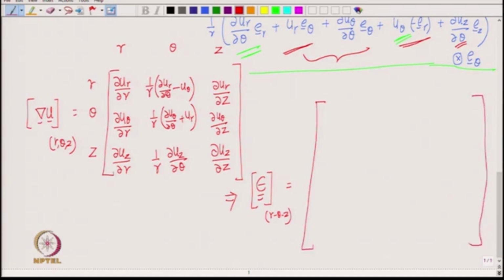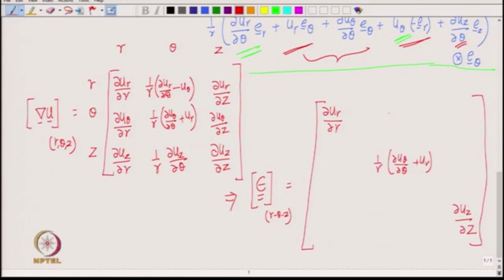So, on the diagonal we will have the same as in the gradient of u. So, it becomes del u r by del r, then 1 over r del u theta over del theta plus u r and del u z over del z. Okay, and now this is symmetric. So, we have to only work out the upper half, let us say.